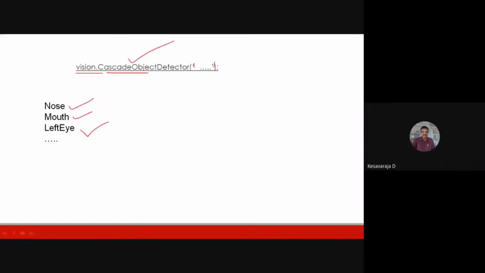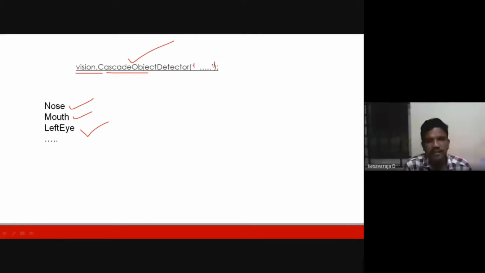If you specify lower body, face, nose, mouth, left eye, it will detect everything. If you do not specify any object inside the single quotes, it automatically detects a face. That is the excellence of vision.CascadeObjectDetector.